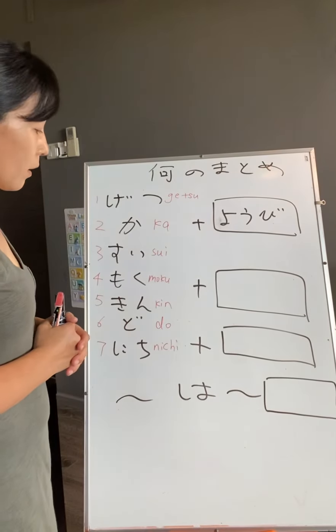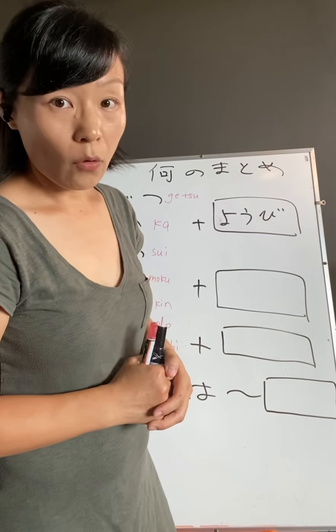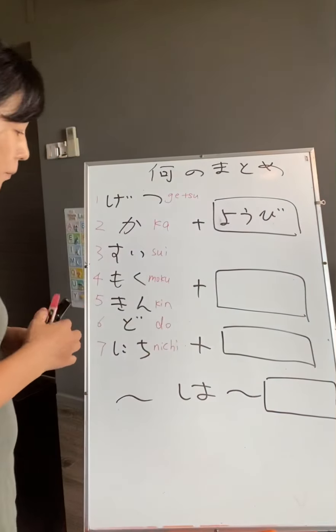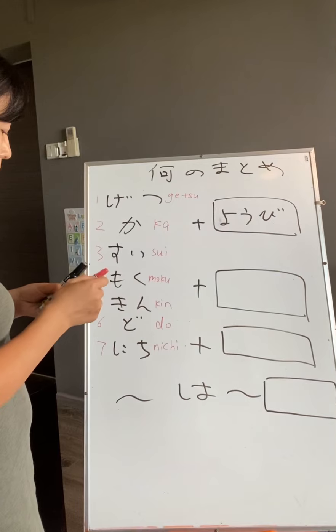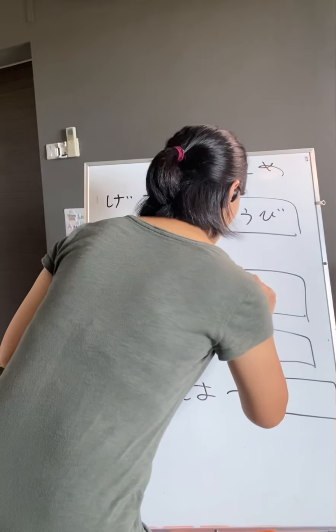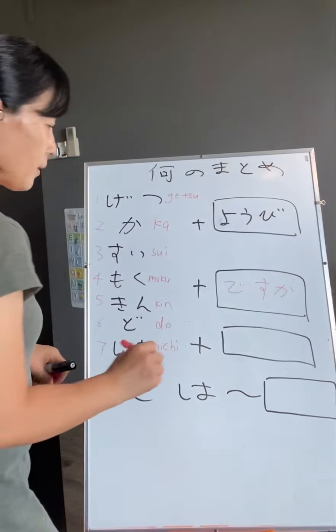So what if we want to ask what day is it today, or we want to say today is Thursday? いいですか? はい。Let me put this down.